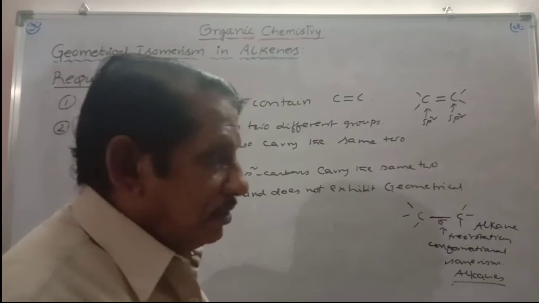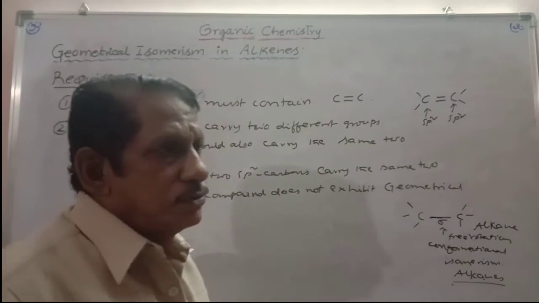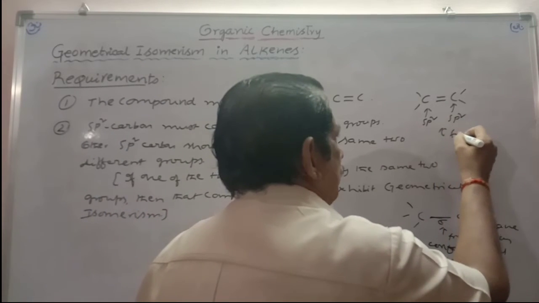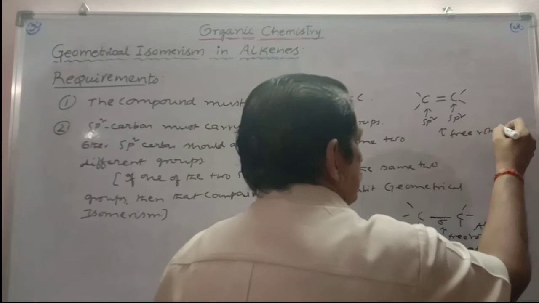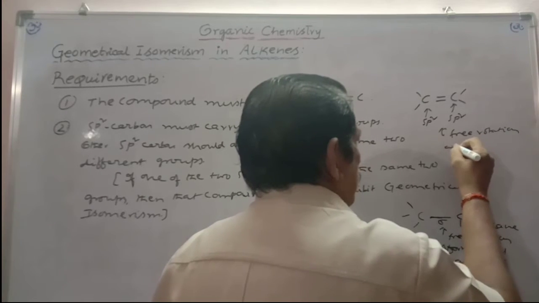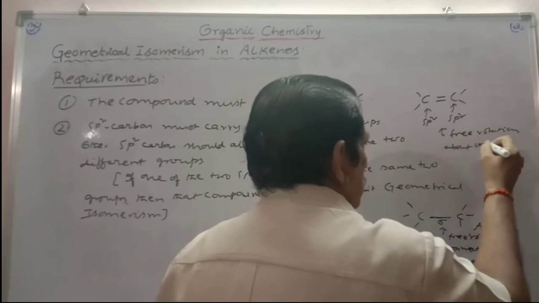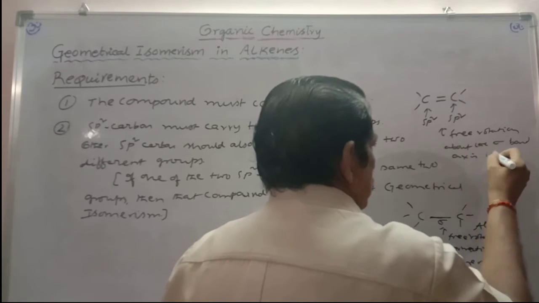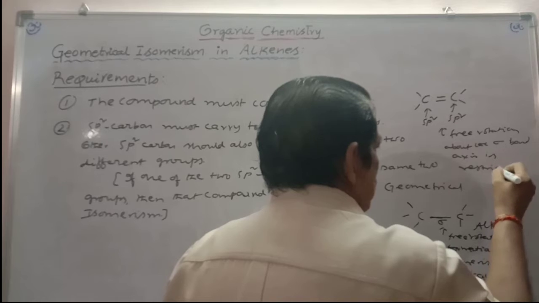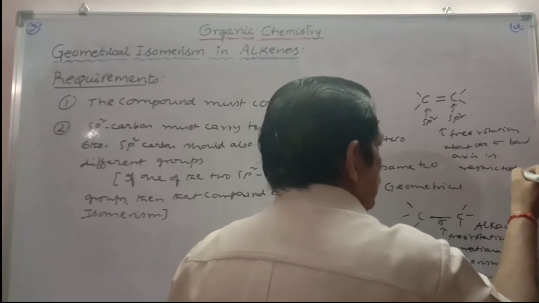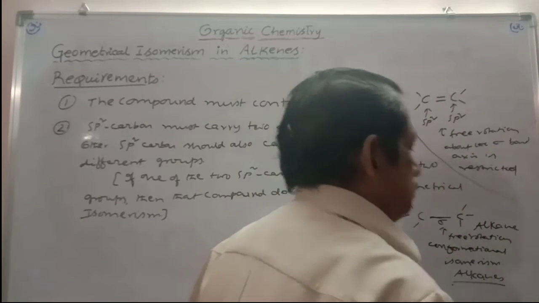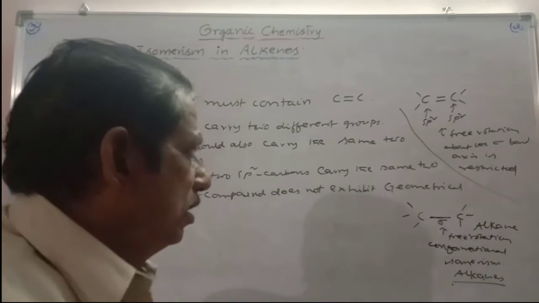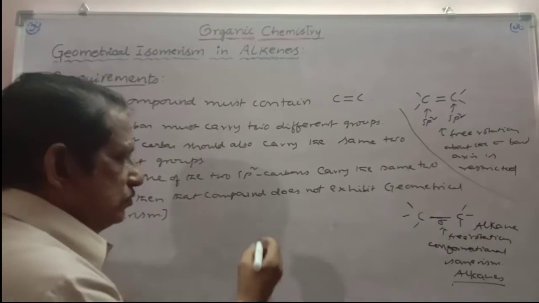But whenever a pi bond is present between the two carbons, free rotation about the sigma bond axis is completely restricted. How can you say? Now let us take an example.